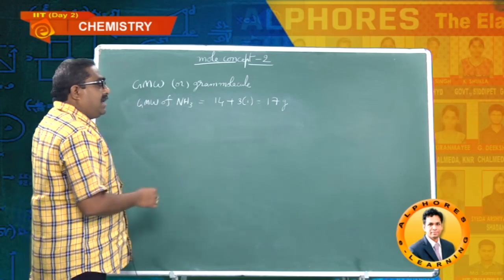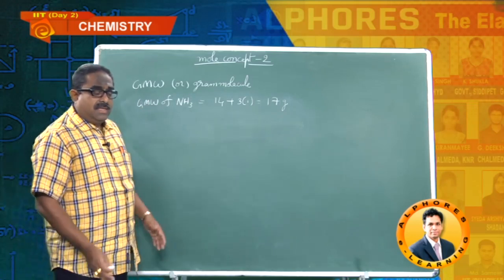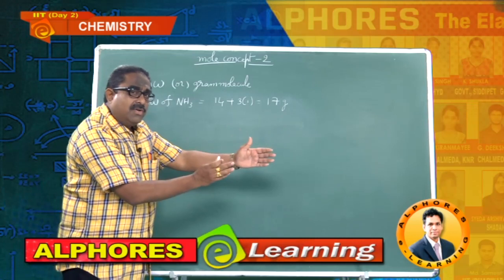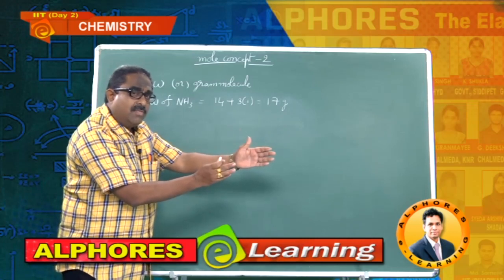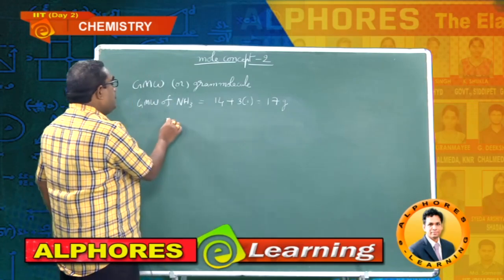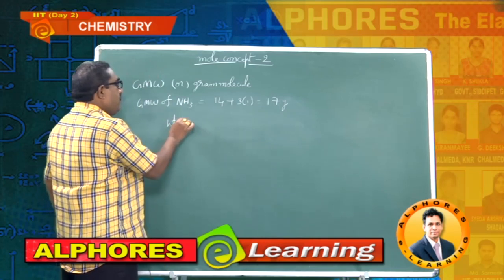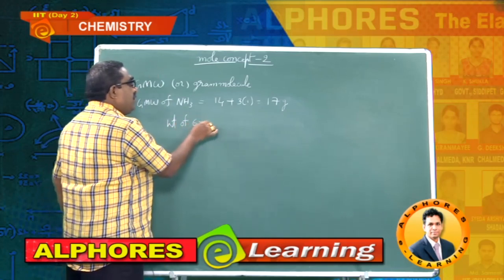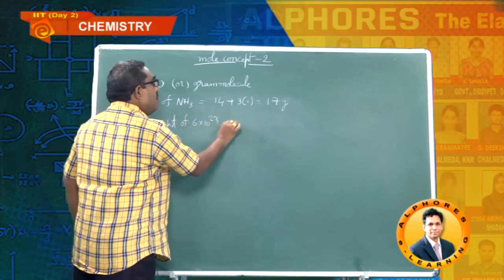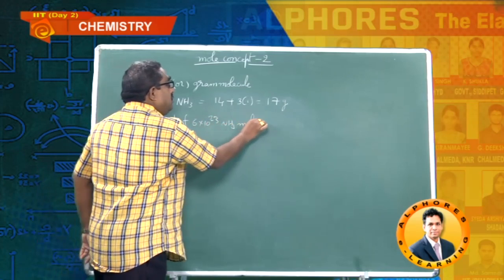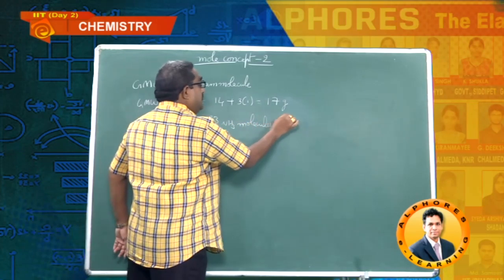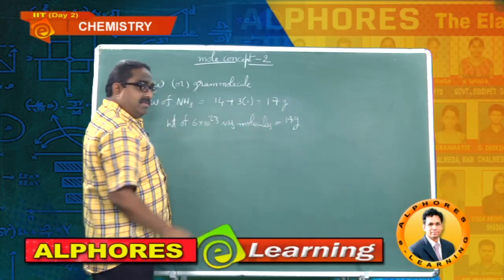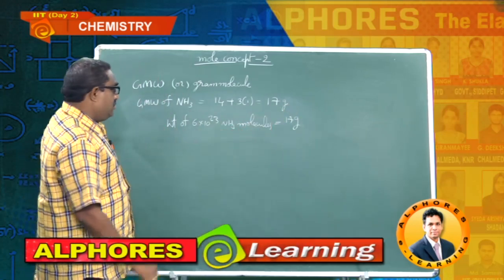So this 17 grams is nothing but the weight of 6 into 10 power 23 molecules of ammonia. That is, simply we can write the weight of 6 into 10 power 23 ammonia molecules is equal to 17 grams. That is the meaning of molar mass, we know.